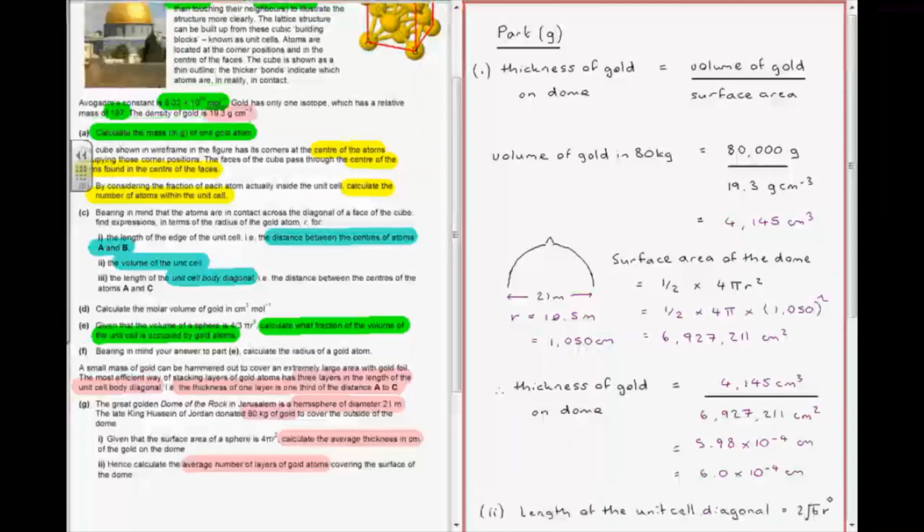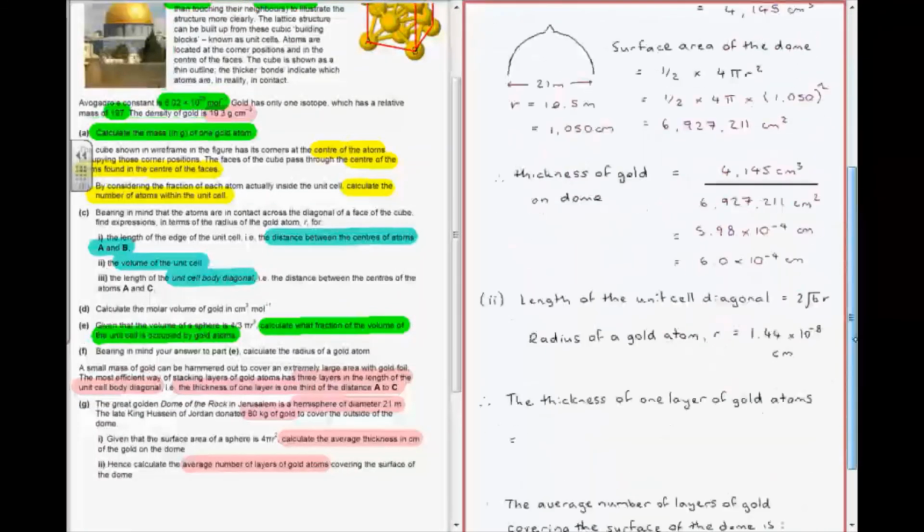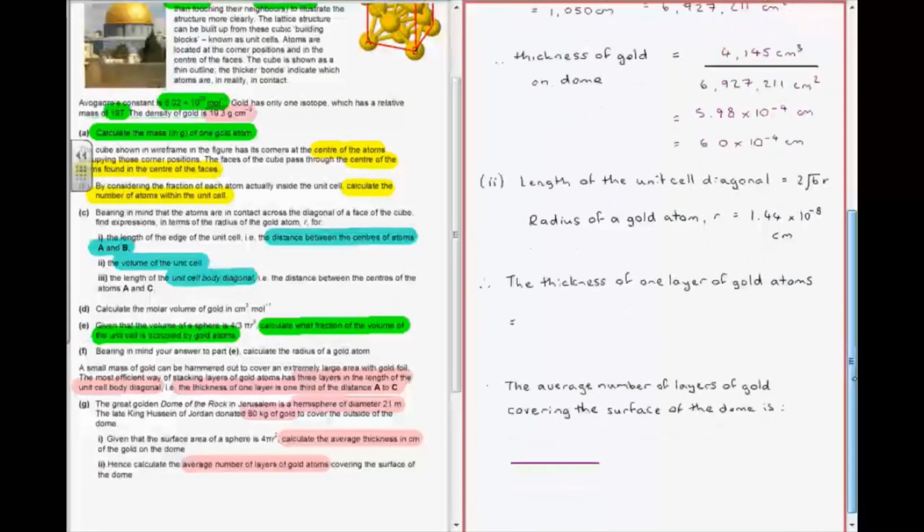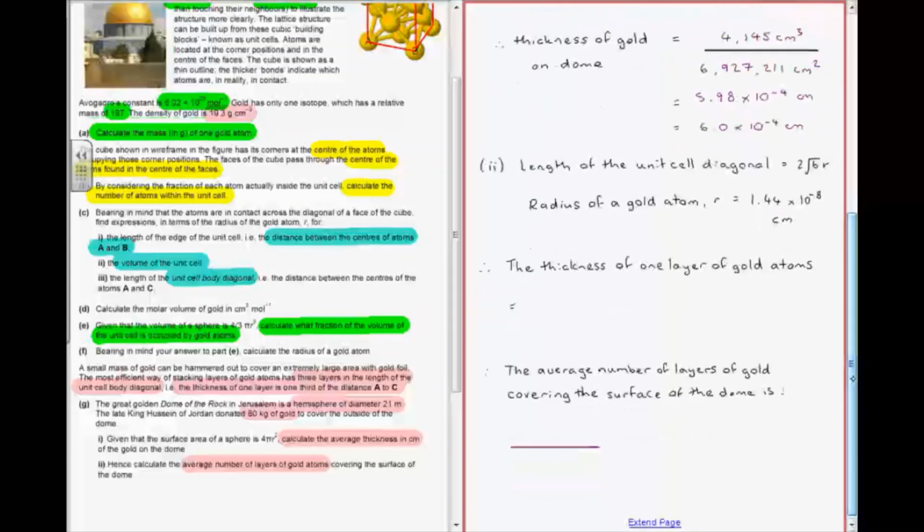Looking back at our answers to the previous parts of the question, we've calculated much of the information we need to answer this question previously. In part C3, we calculated that the length of the unit cell diagonal was given by the equation 2√6r. And in part F, we calculated that the radius of the gold atom, r, was 1.44 times 10 to the minus 8.